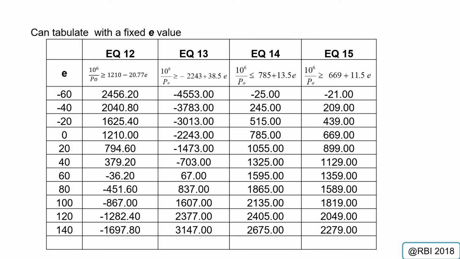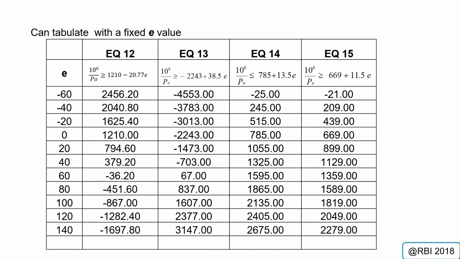In this slide, you can see that the value of every equation 12 to 15 is tabulated here. To construct your Magnel diagram, first you must have this table, which starts with the E value, the range of E. You decide what range of E you want to consider in this Magnel diagram.